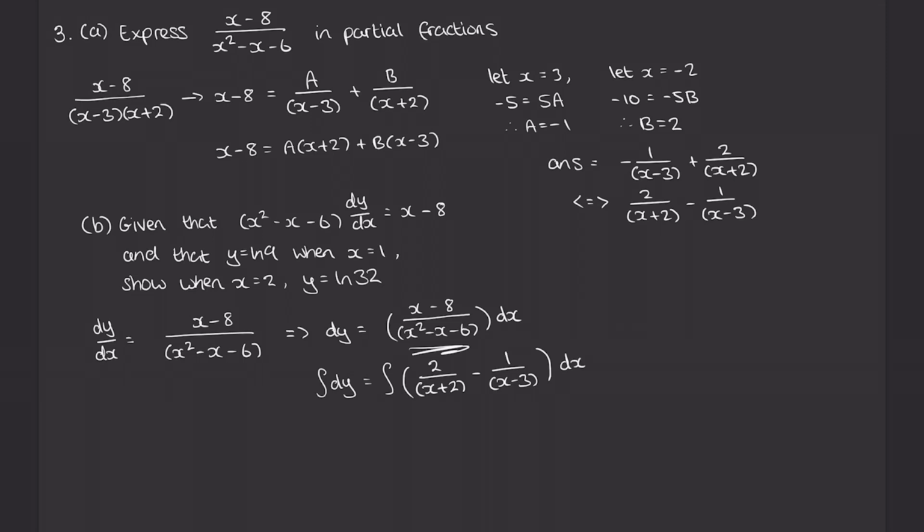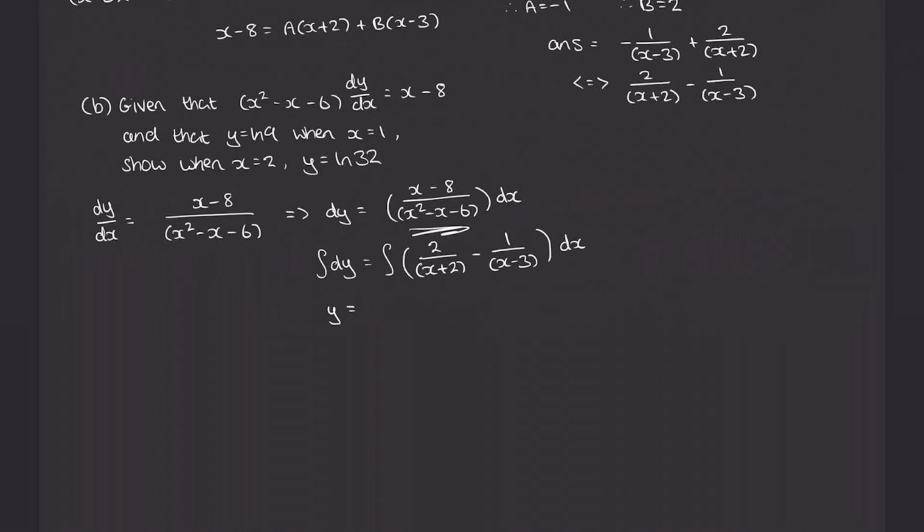Okay, so now we can integrate the left side, and that's just y, and then we have our two parts which we can integrate one by one, using the ln rule.